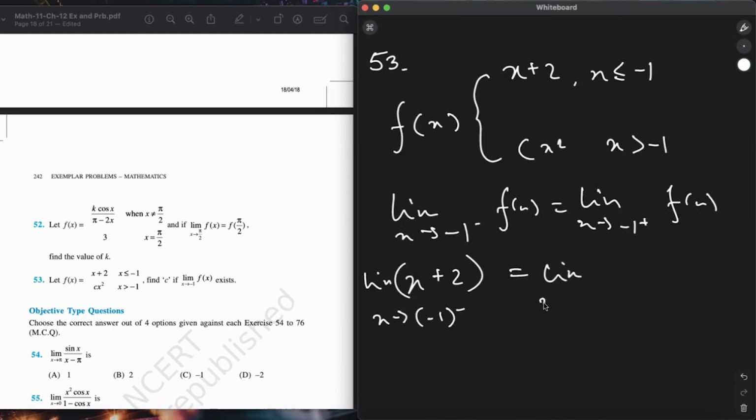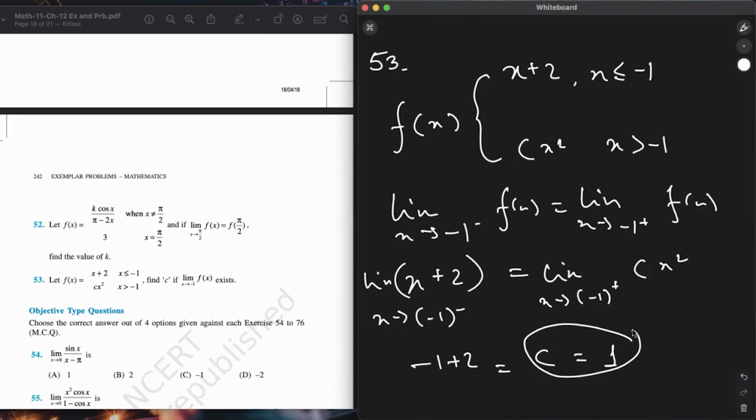And in this part, my x is going to cross minus 1, and my f(x) value is c x square. So simply putting in the values, I'll have minus 1 plus 2 over here, and c over here. So c equals 1.